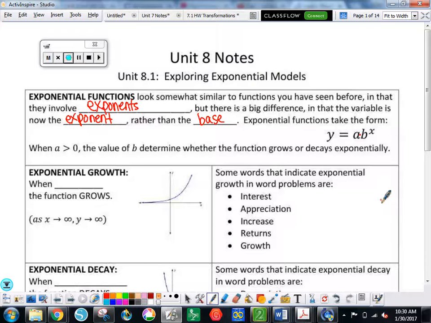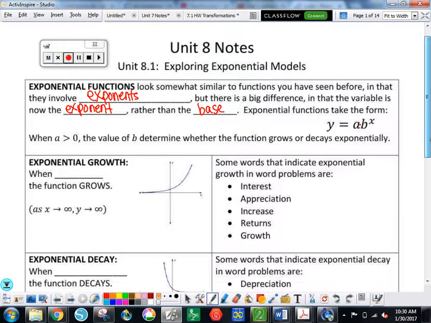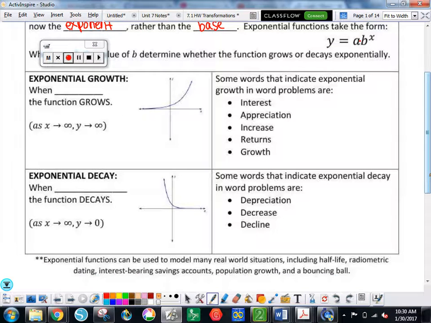When a is greater than 0, the value of b determines the behavior. Let me think for a second.